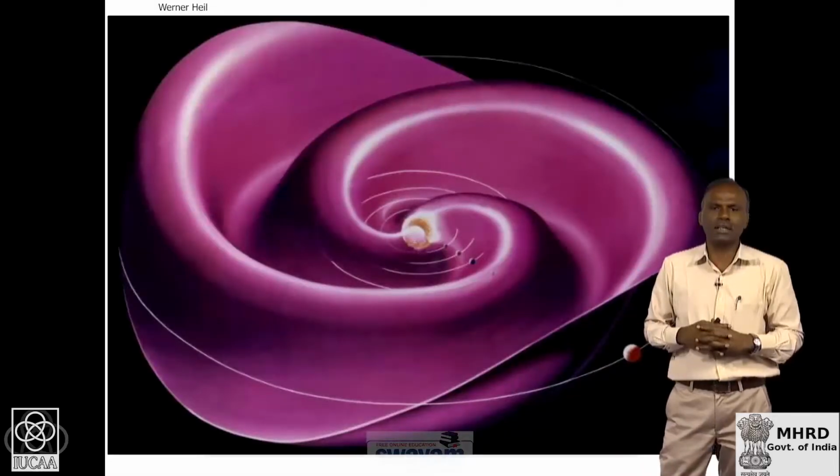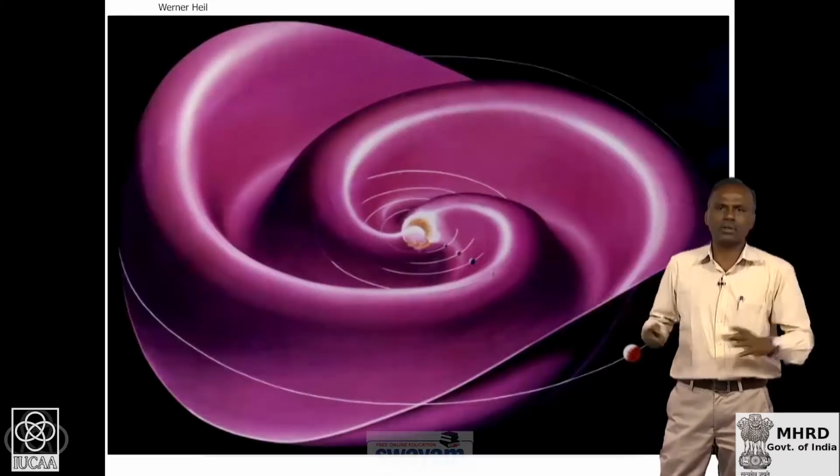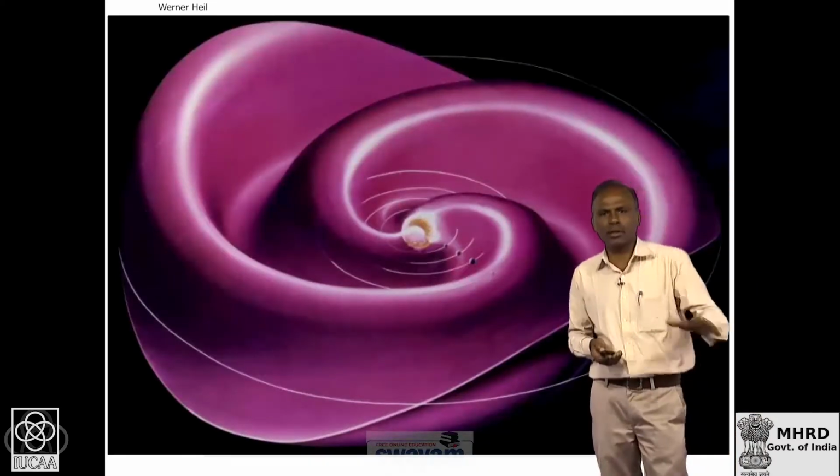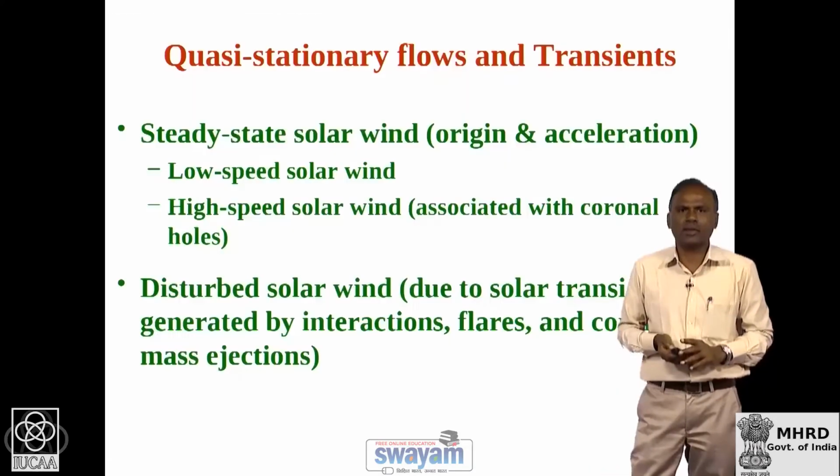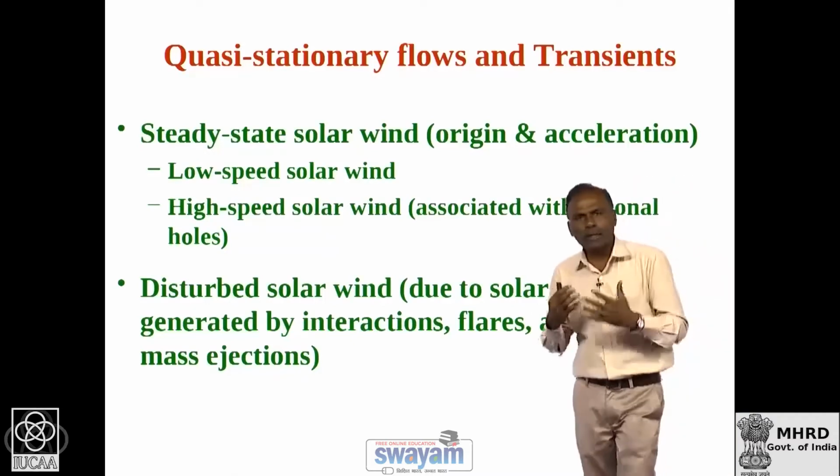So, this shows the typical current sheet with respect to the center of the Sun to about 1 AU. This gives the warping of the magnetic current sheet as we go from the Sun to Earth distance.